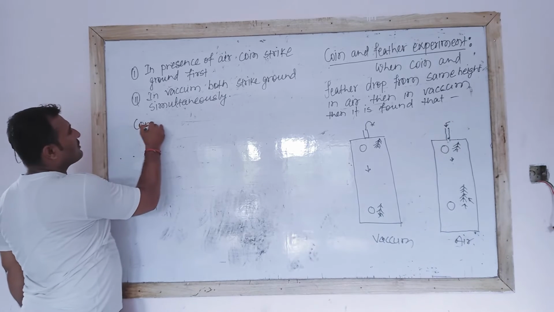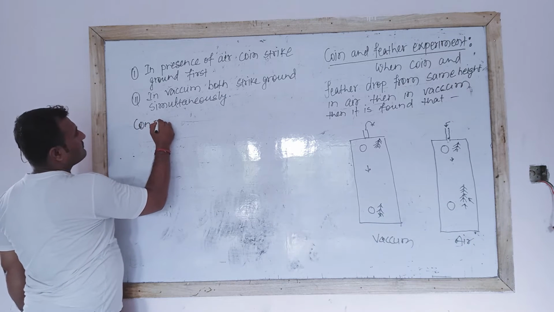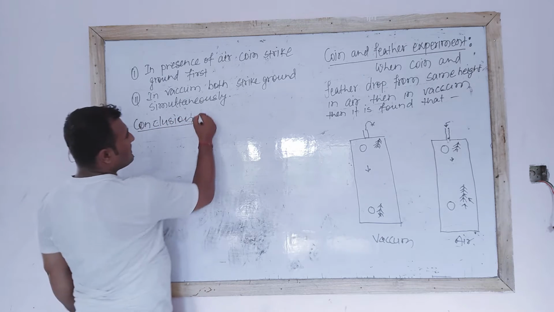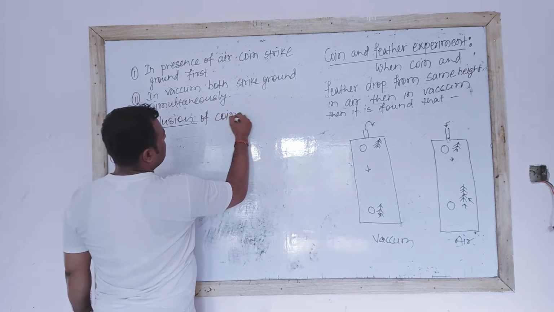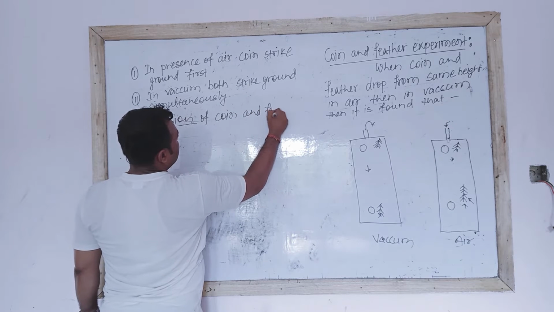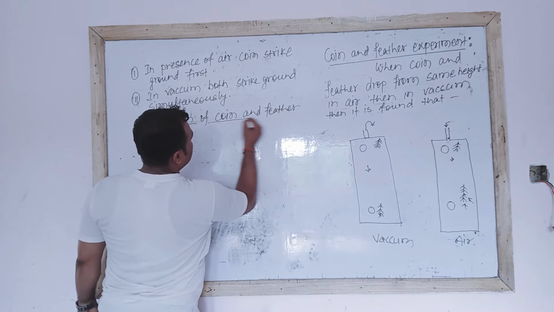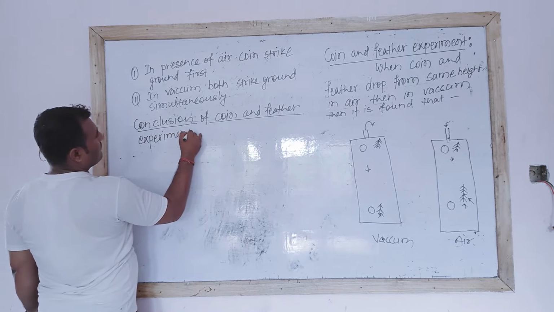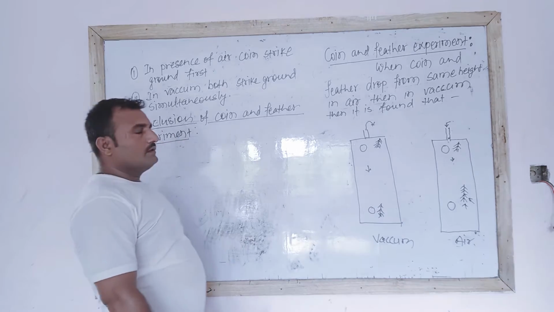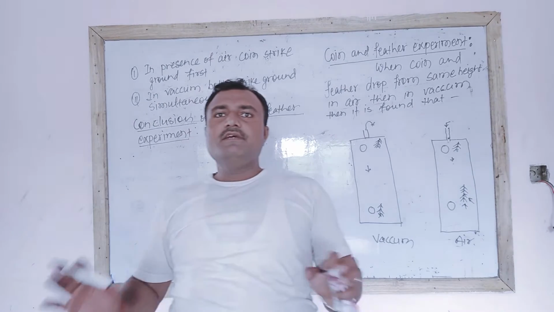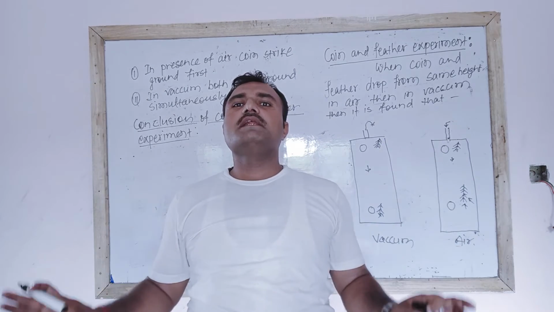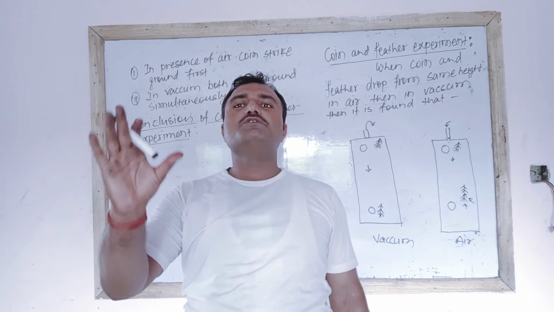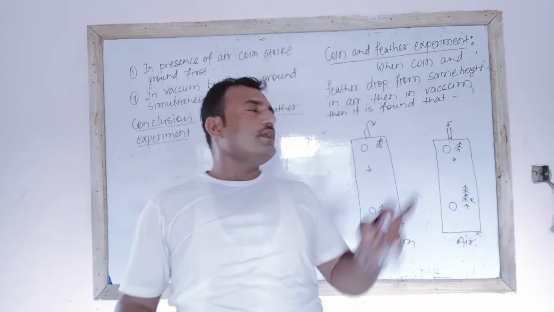From that, the conclusion of the coin and feather experiment is that if there is no external resistance like air, then equal acceleration due to gravity acts on the coin and feather.